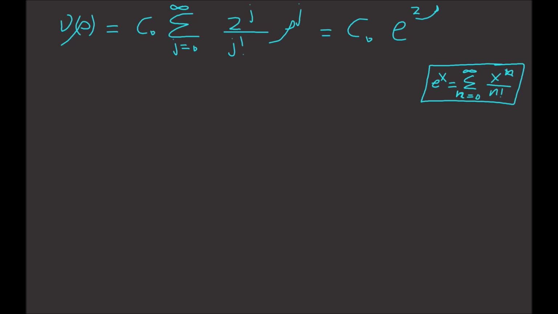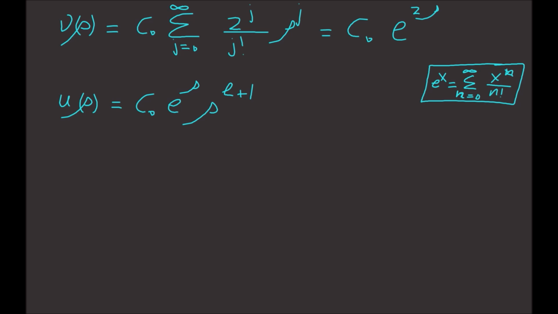For large j, which is the same as saying large rho, the function we're trying to solve for, the u function, u of rho is equal to c naught e to the rho times rho to the L plus 1.